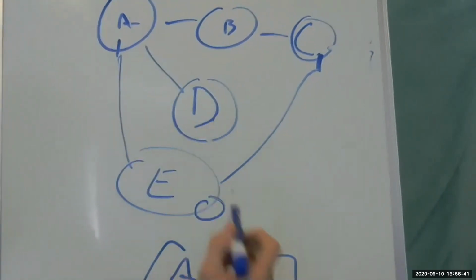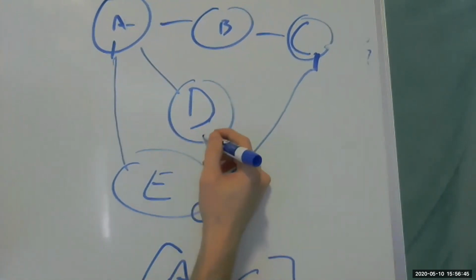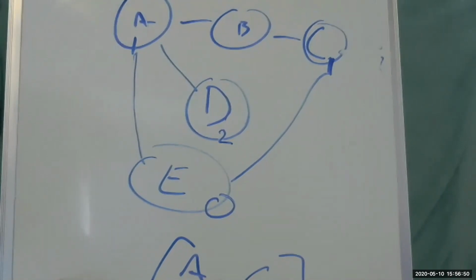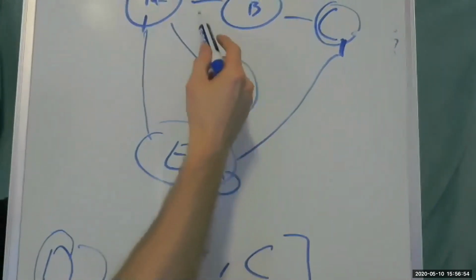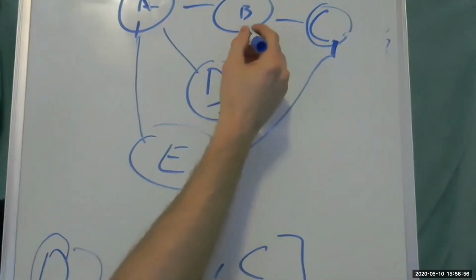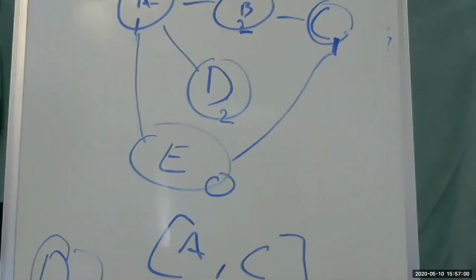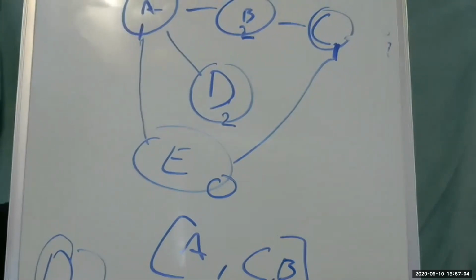I'm going to look at D, so I'm going to pass in, well, I've already found D, so we'll say that's 2. And I'll keep track of D, so I have D now, like I own it. And I'll go out and I'll look at A's children here, and this will be 2. This is the distance from E. Okay, and now I'll pass my B in here.